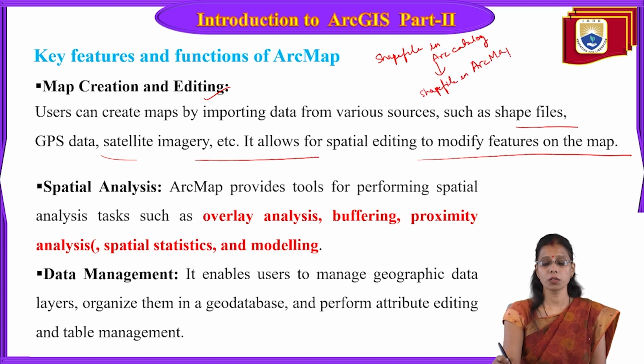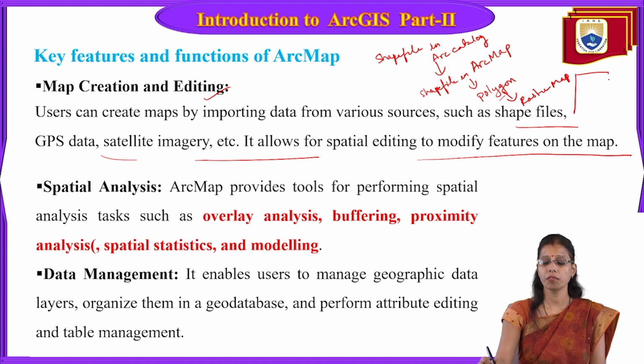Let us say it's a polygon. After adding it into ArcMap, you have to add a raster map. So what is a raster map? A raster map is a map which is in the form of pixels. That map you have to add, and then add the polygon, and then start creating your own map.